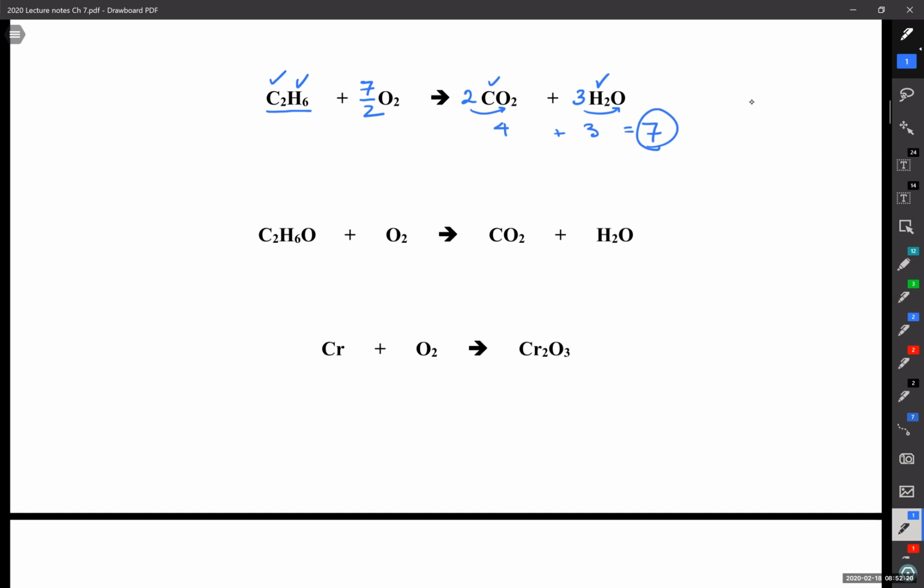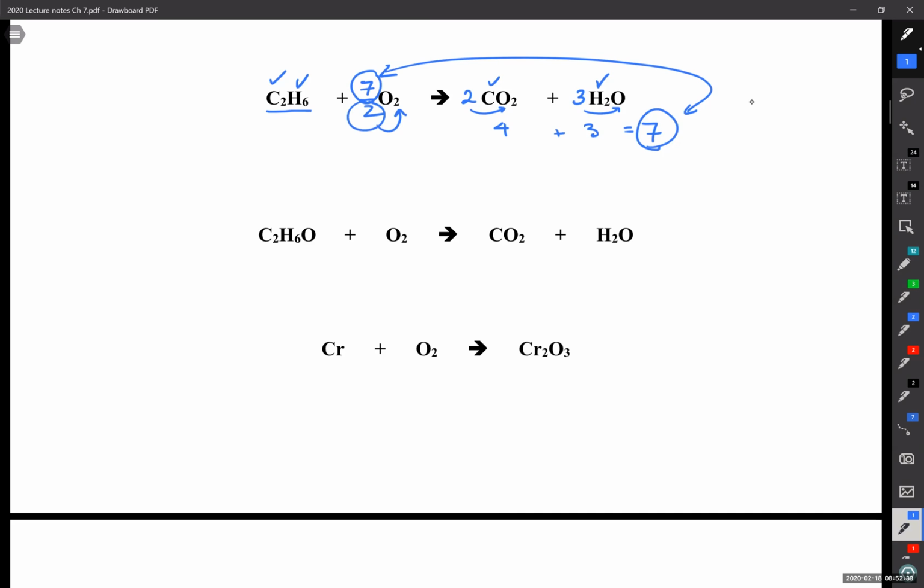If it was 0.3, it'd be 7 over 3. So this number is the number that I still need, and this number is this number here. I make a fraction out of it. Now, I can't leave it that way, but the fraction's telling me what I have to do. I have to double everything.